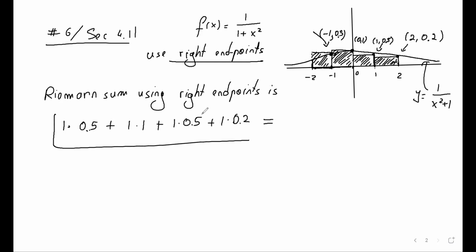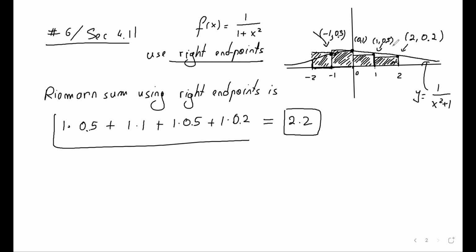If you add these together, 0.5 plus 0.5 is 1, plus 1 is 2, plus 0.2 is 2.2. So this is the area that I get.